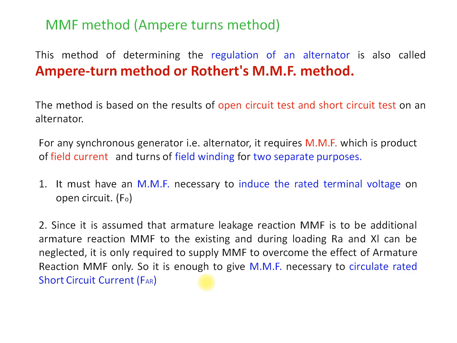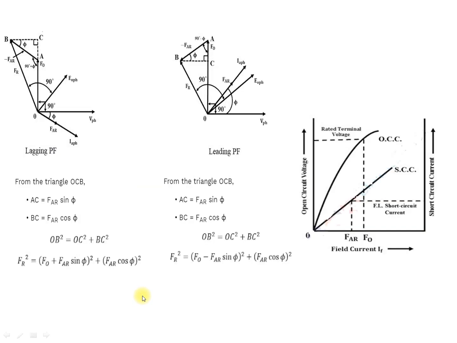By having those two values, the field current which is necessary to induce the rated terminal voltage and the field current which is necessary to circulate the rated short circuit current, obtained from the open circuit test and the short circuit test, we will be finding out the new IF value.